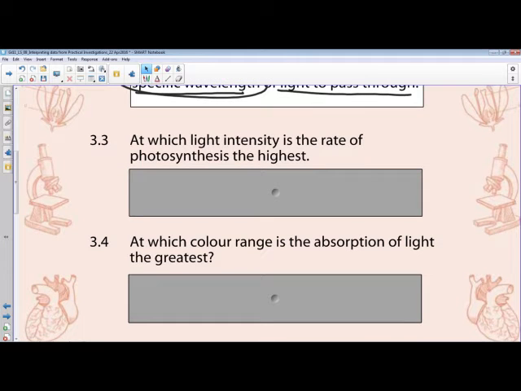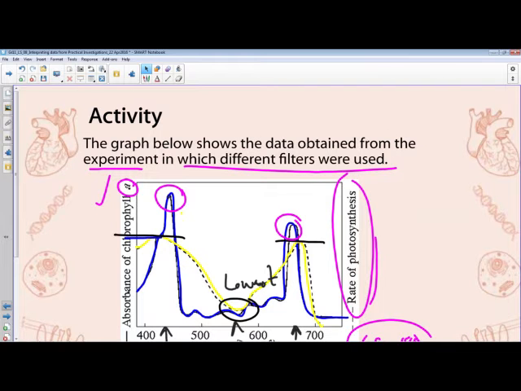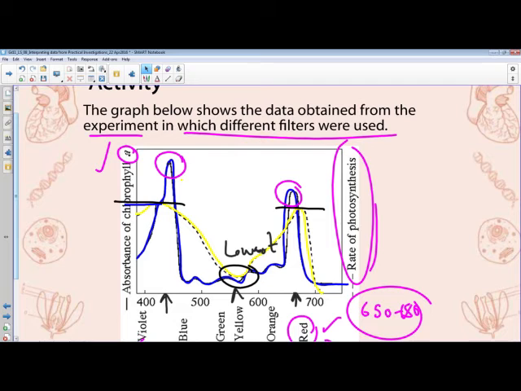The next question: at which light intensity is the rate of photosynthesis the highest? And we've got to go back to the graph, guys. We've got to look at which light intensity is the rate of photosynthesis the highest. If we look at the axes here, I'm just going to erase some of this. If we look at the rate of photosynthesis, where is it optimal?